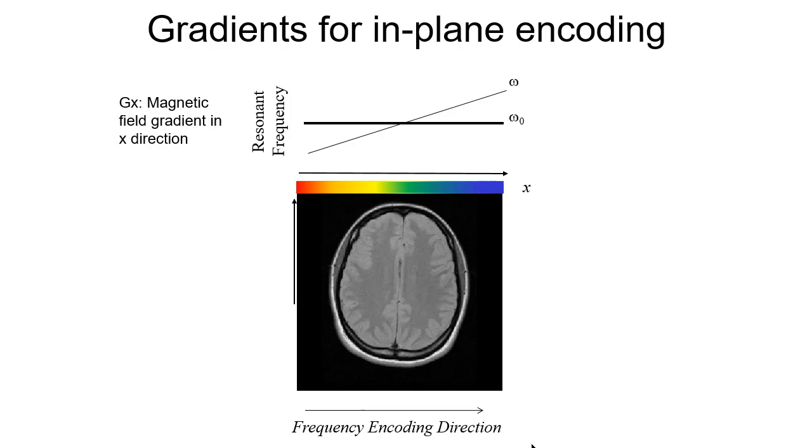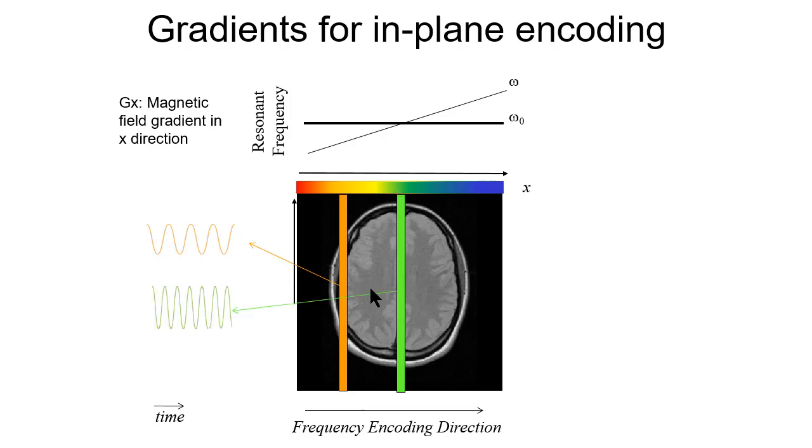Okay, so now that we know we're only dealing with one plane of signal, we can talk about encoding spins within the plane. So for example, we can turn on an X gradient, and then spins at this position might give off this signal here, and then at this green position, there are more spins in this column, so that's a bigger signal, and fewer spins in this column, and that's a smaller signal.